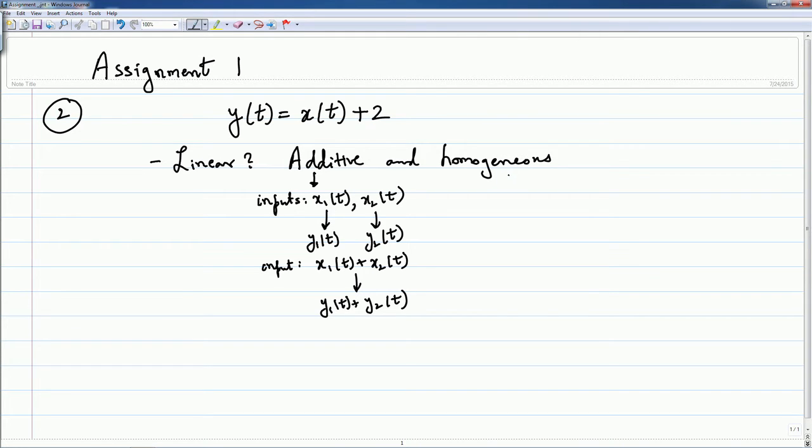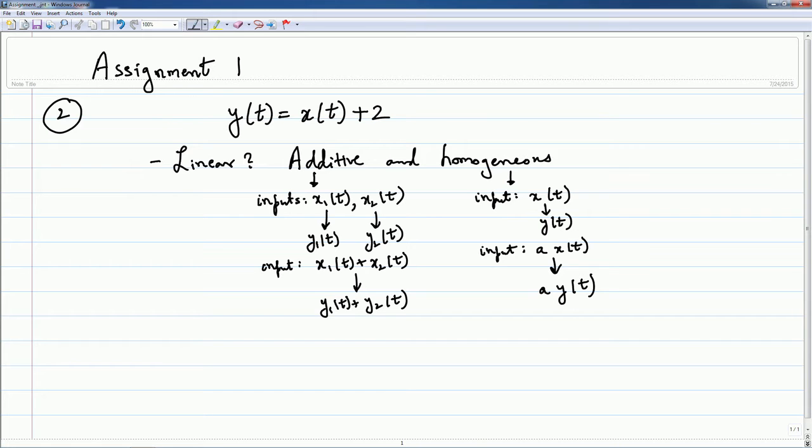What is the definition of the homogeneous property? If you have an input x(t) which produces an output y(t), and then you look at the input a times x(t), where a is in general a complex number, you should get the output a times y(t). Any input-output relationship for a system, if it satisfies these two properties, additivity and homogeneity, then that system is said to be linear.